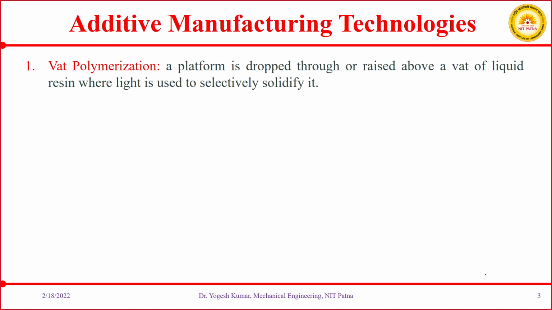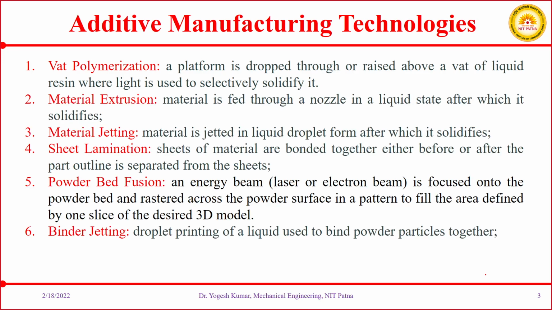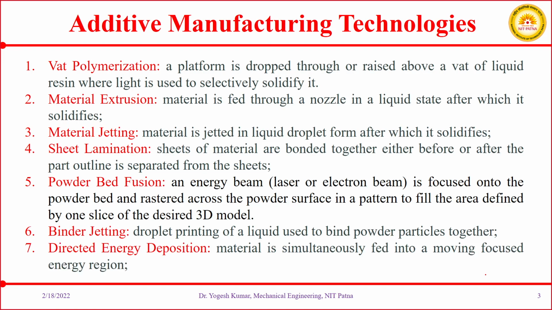Since we have studied the classification, we already know that there are basically three types of 3D printing processes: solid based, liquid based, and powder based. Out of these three categories, there were a number of processes, and the total number of processes is 7.